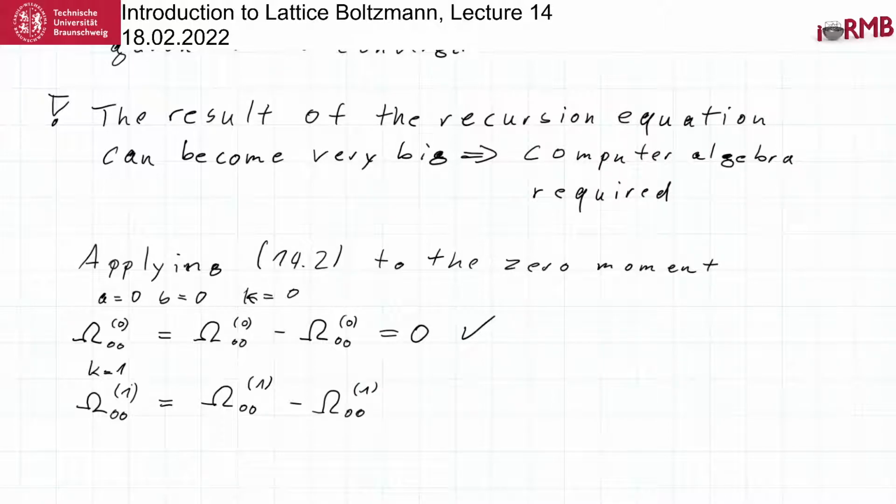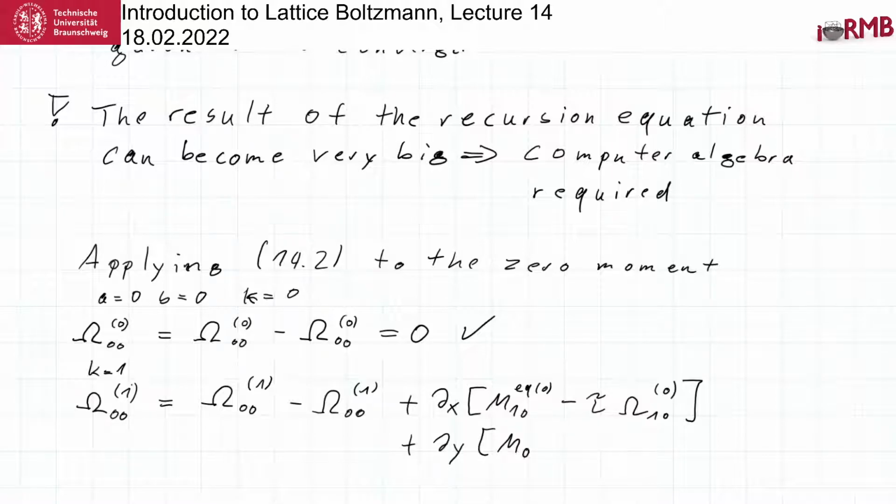So this again will vanish, plus dx m10 equilibrium of the order 0 minus tau omega 1,0 of the order 0, and this plus dy m10 equilibrium order 0 minus tau omega 0,1 of the order 0.